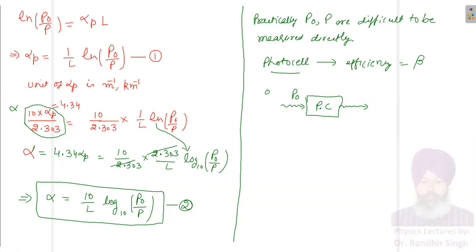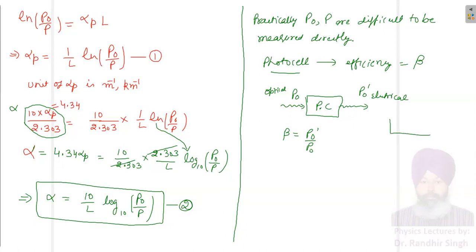Please remember, this is optical power because the photocell converts optical energy into electrical energy. So this will receive optical power P0 and convert it into P0 dash, which is now electrical energy, and the relation between these two will be beta equal to P0 dash upon P0.